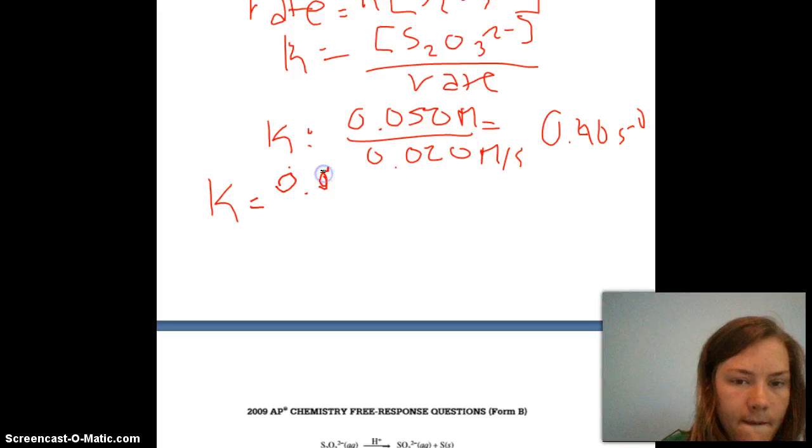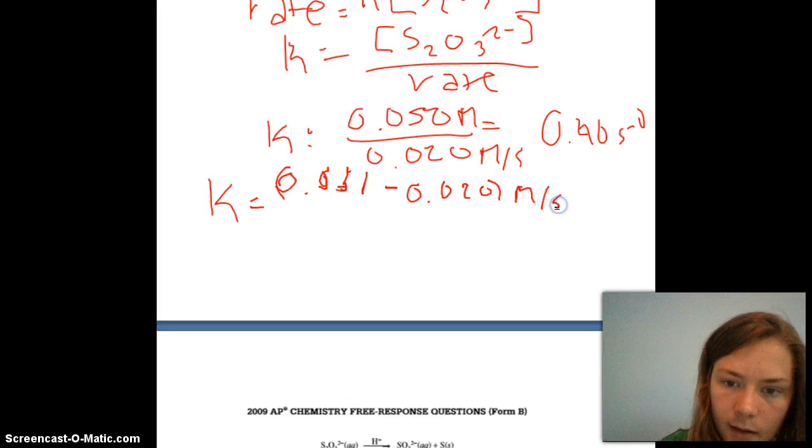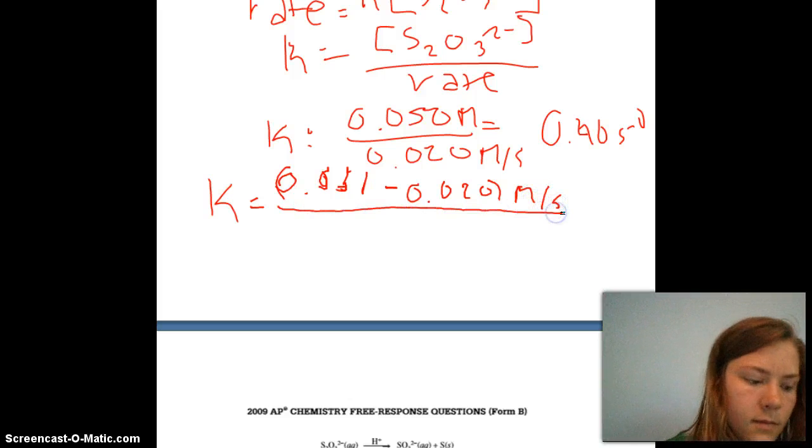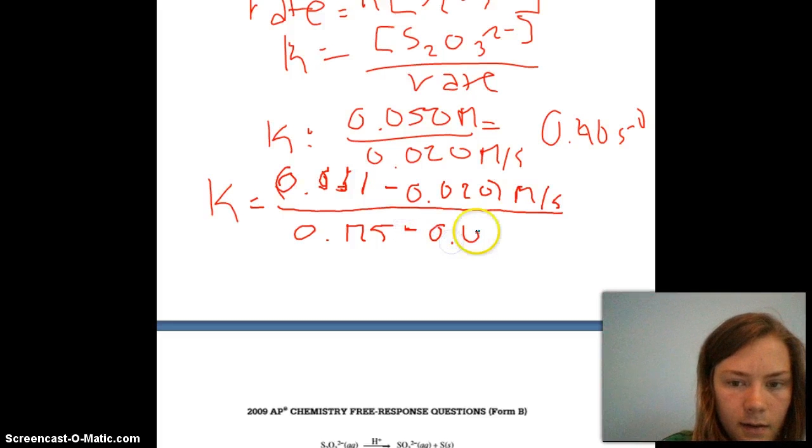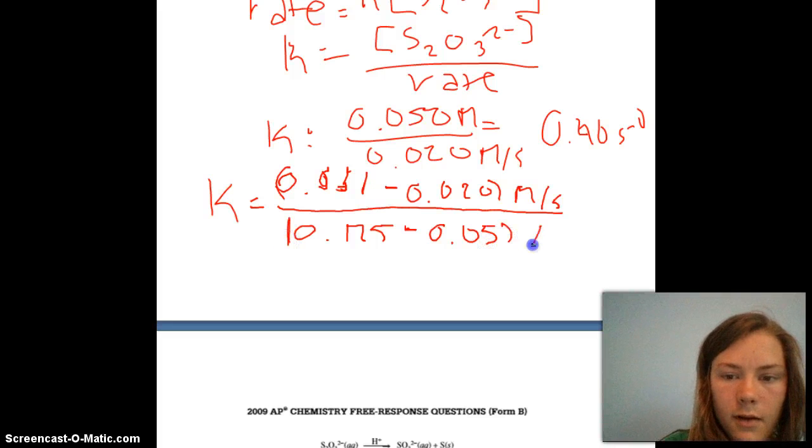0.051 minus 0.020, which is in molarity per second, all over 0.125 minus 0.05, which is in molarity.